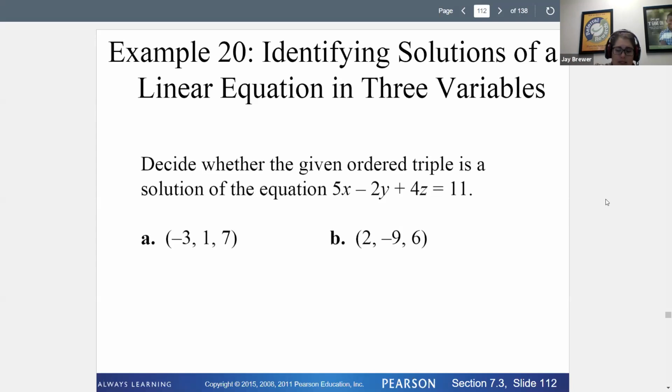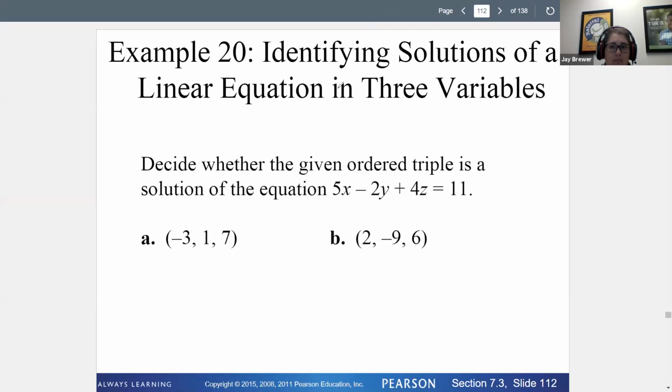Basically, the way this works is you have to decide whether the given ordered triple is a solution for the equation. So someone tell me your ideas of what you think we might be able to do. Yes, granted, I understand you normally are just used to looking at X's and Y's, and now we're throwing a Z at you. But what do you think we can do with that Z?